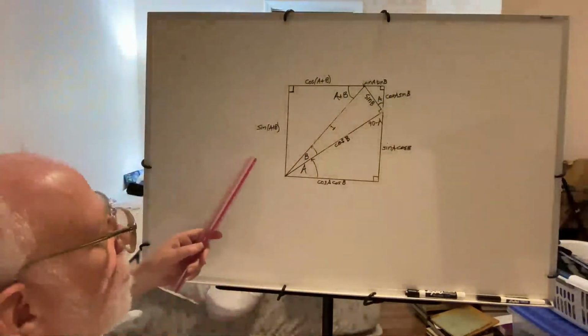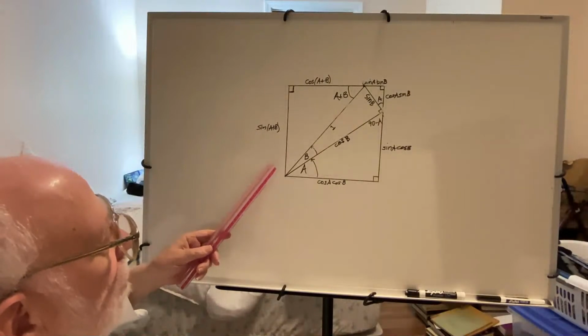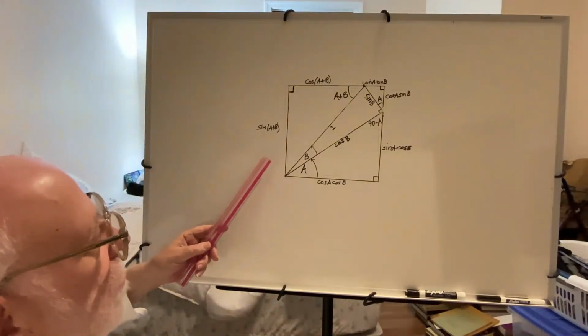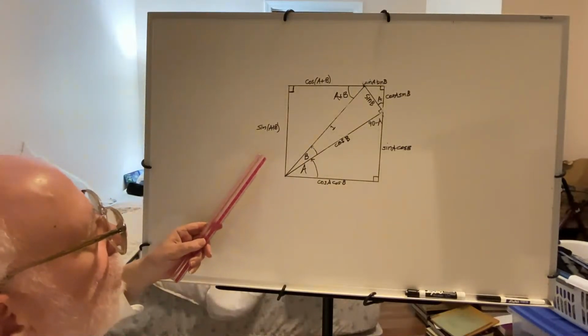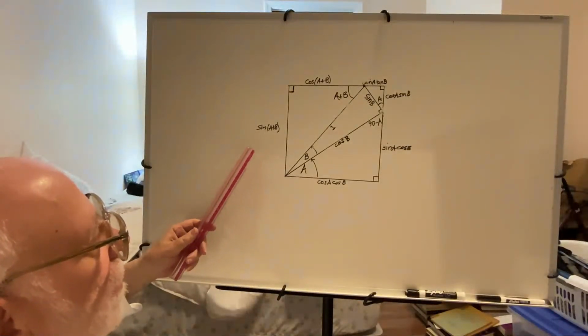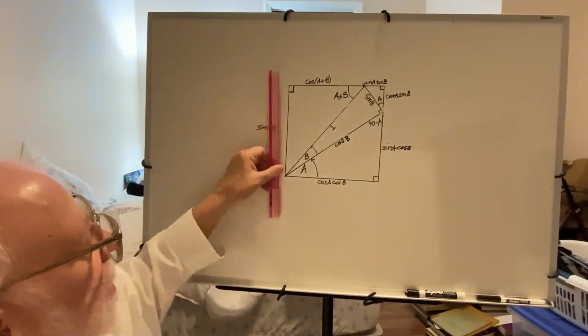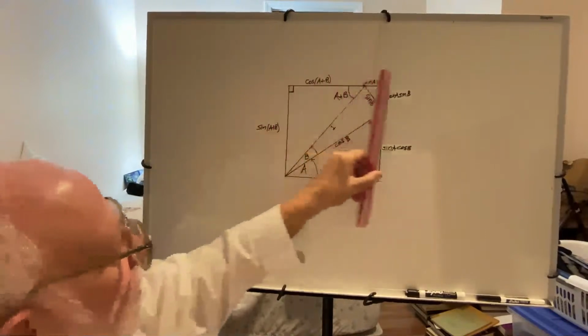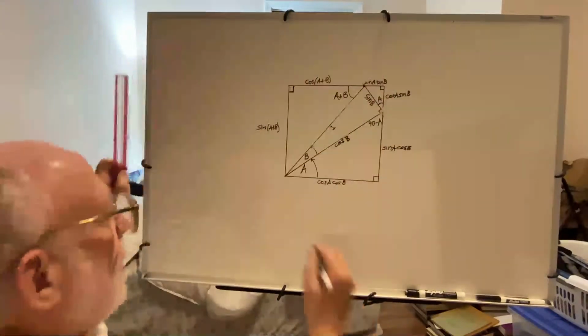Now, since this is a rectangle, we know that opposite sides of a rectangle are congruent. This side on the left is congruent to this side on the right.